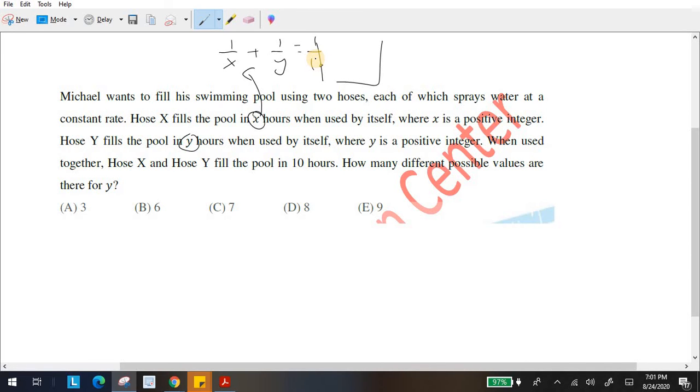Oh yes, that makes sense. Yes, 1 over X plus 1 over Y. And from here you just simplify, so it's going to be xy plus x plus y equal to 10, and you find the equation, get the answer.